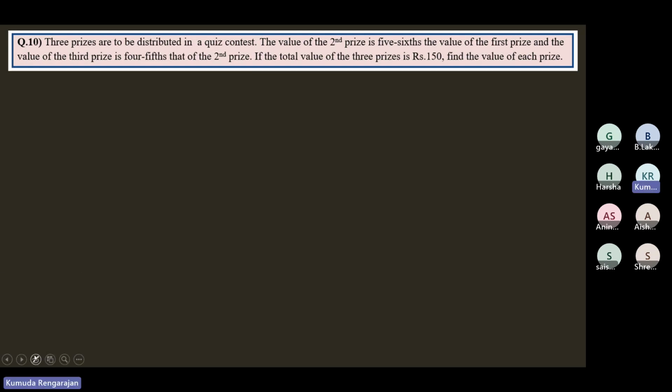All right. So here, children, it's given here that the value of the second prize is 5/6 the value of the first prize. And the value of the third prize is 4/5 that of the second prize. So the second prize is 5/6 of the first prize, and the third prize is 4/5 of the second prize.